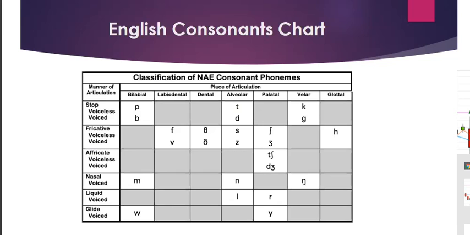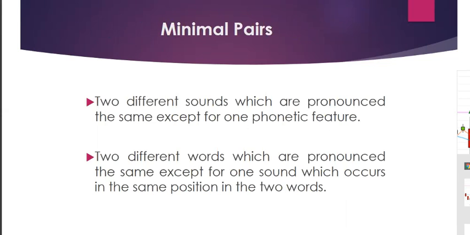No? Okay, great. Here are the definitions of minimal pairs. As I said, there are two definitions. One regarding sound differences, and the other one regarding word differences. So two different sounds pronounced the same except for one phonetic feature.